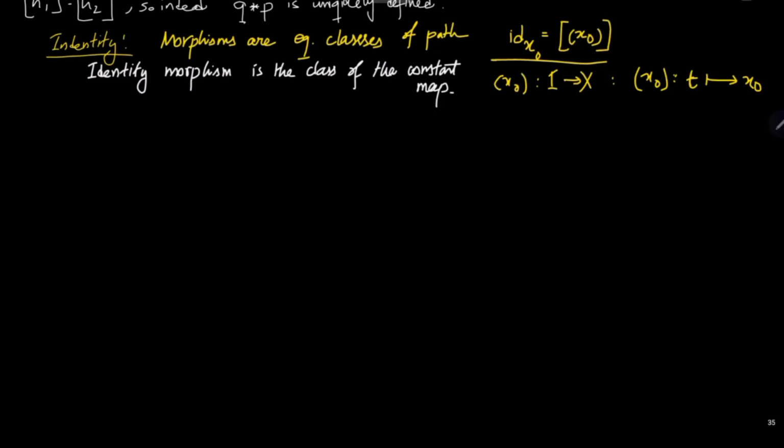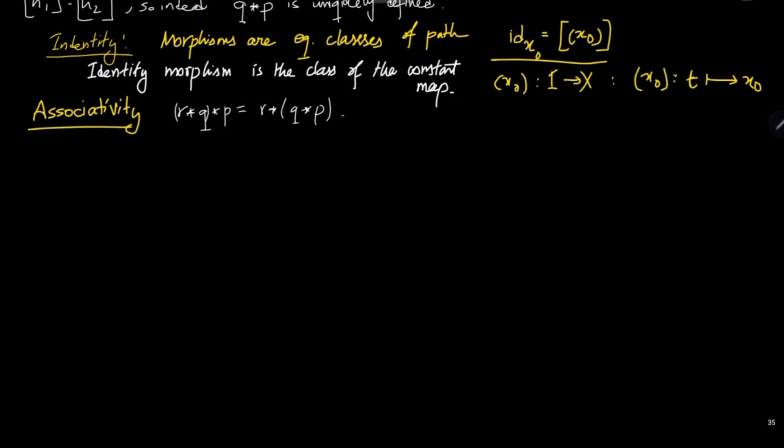So there's just one thing left, which is associativity. So we have to show that r star q star p is equal to r star q star p, with the brackets placed differently. This is probably the most boring thing one would have ever done in their lives.